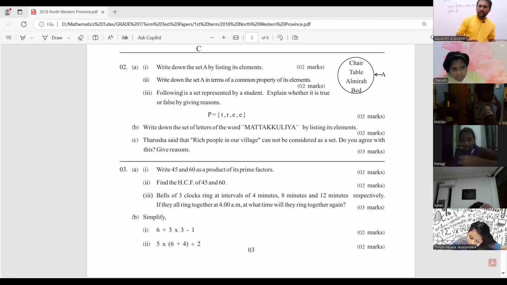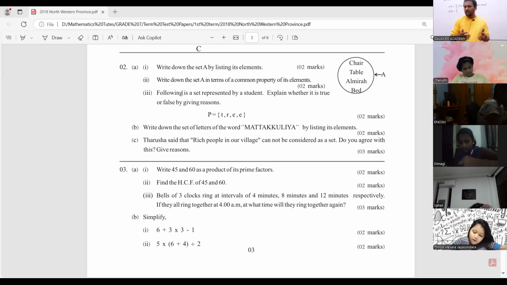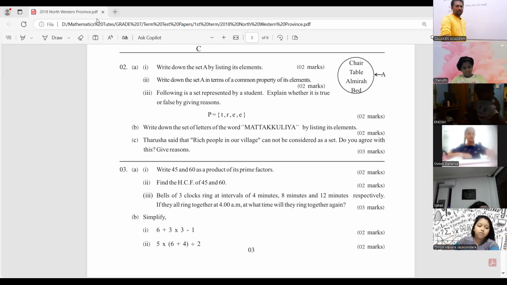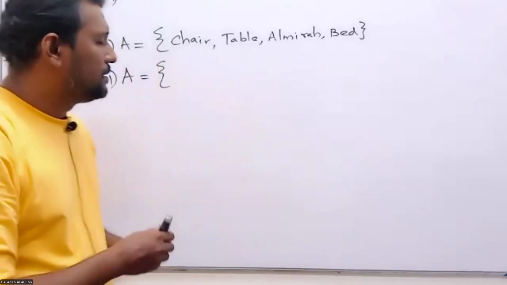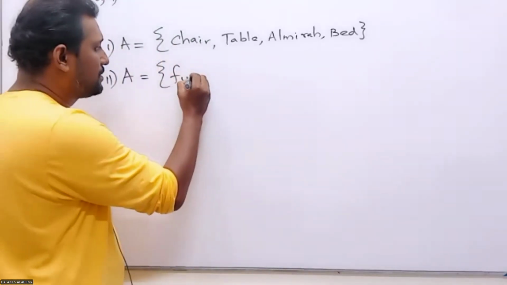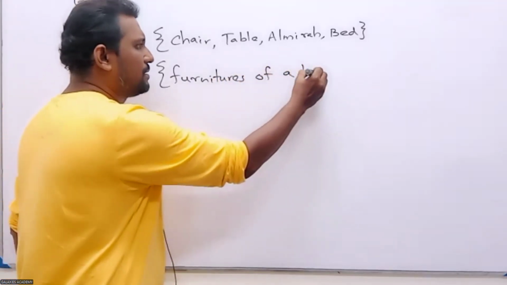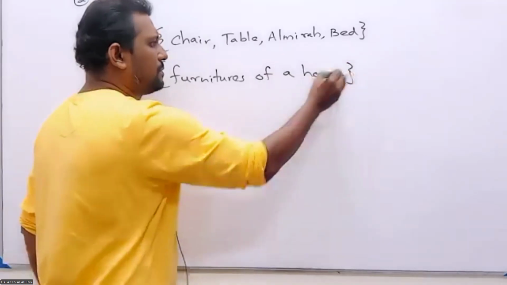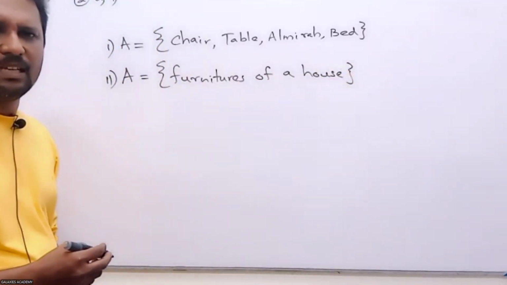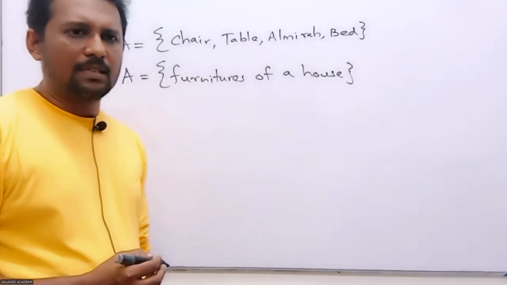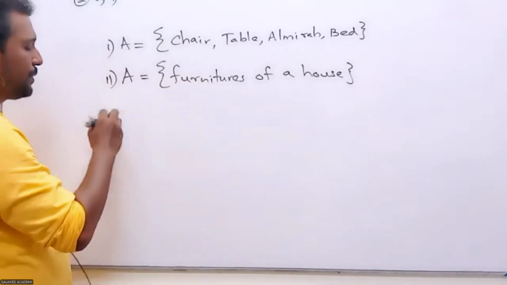Chair, almirah, table, bed. Which name can you give for this set? These are furniture, no? Right. So you can write the descriptive method: furniture, furniture of a house, or just furniture. It is enough. Correct answer: furniture. It is a descriptive method.